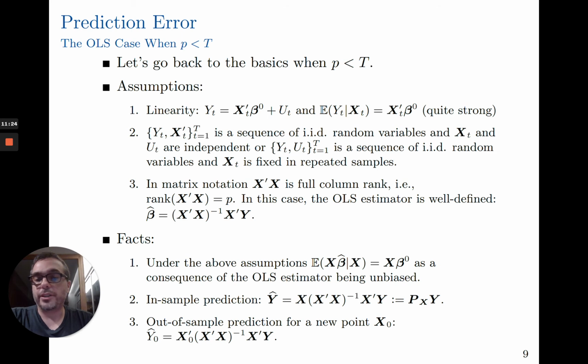And the out of sample prediction, which means that I observe a new point, a point that was not used to compute beta hat. And what's the prediction for this new point? Will be x naught prime times beta hat. So that's exactly what we have here, because this is beta hat. Okay?